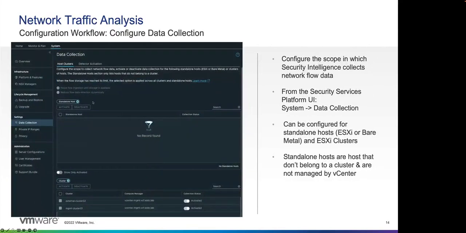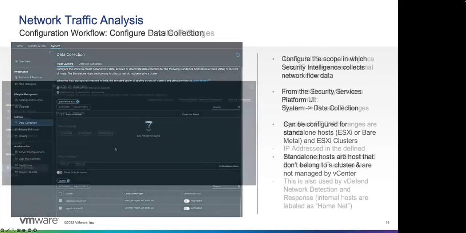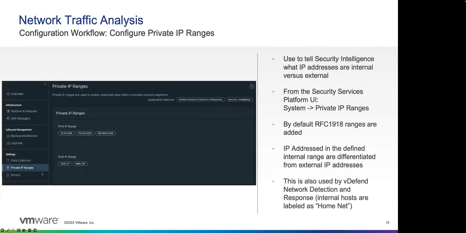So where do we do that? We can go into data collection and set private IP ranges. Basically, you go underneath settings, and your private IP ranges will be set up here. By default, we just use the large RFC 1918 ranges.